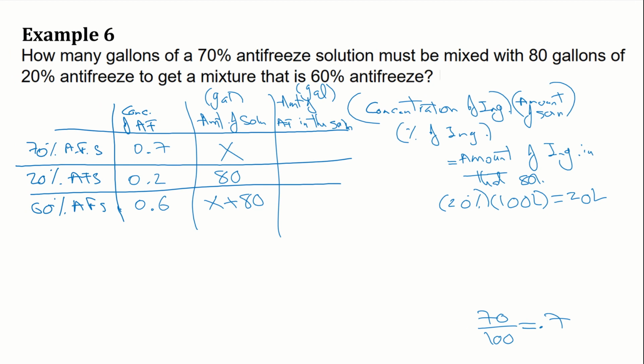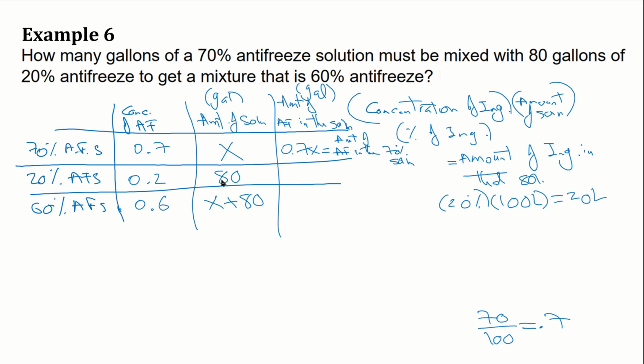All right, so the first multiplication here, 0.7 times X, that's going to be the amount of antifreeze in the 70% solution, right?